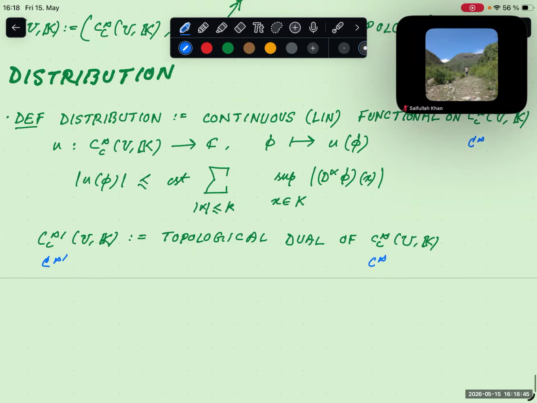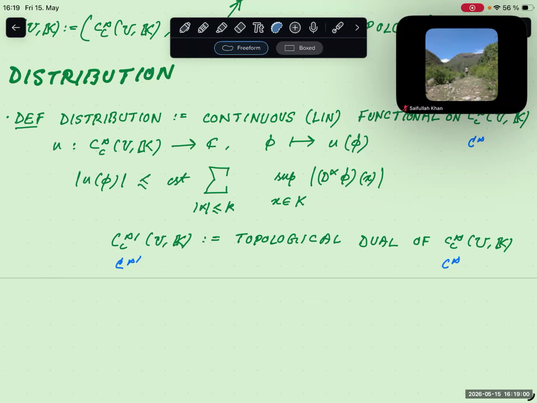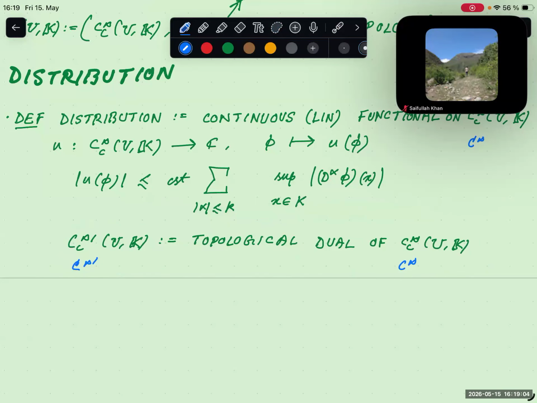Now you may wonder, this space has a topology. How about this? Yes, you can also define a topology on these spaces. And then we use a bit different notation.